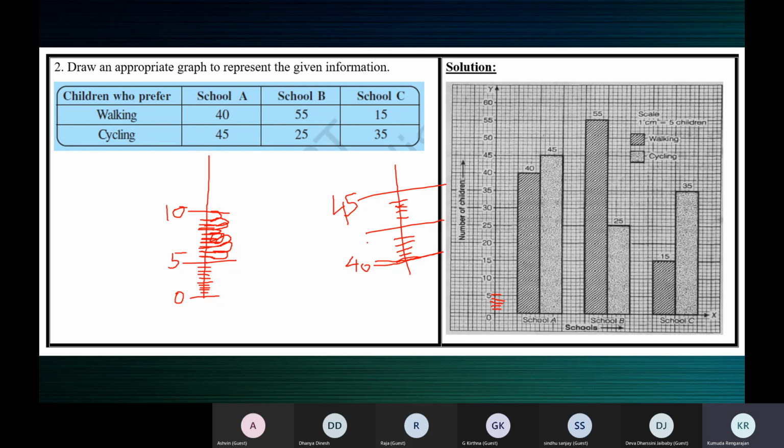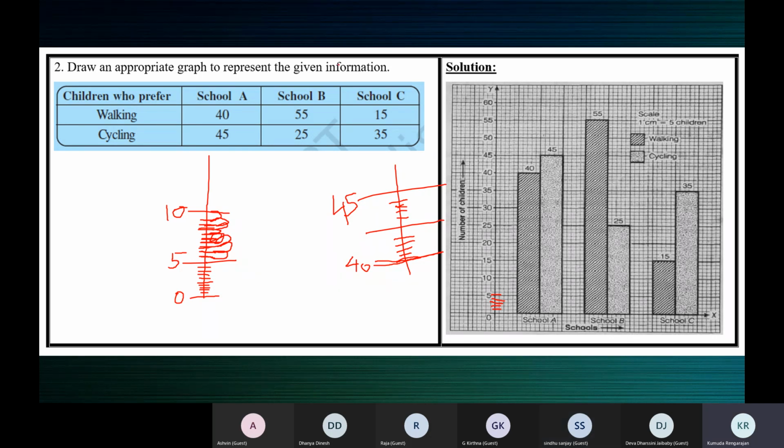So how do we know with what number we have to skip count? What's the scale, children, we have used here? The scale is 5, right? Divide by 10 always.